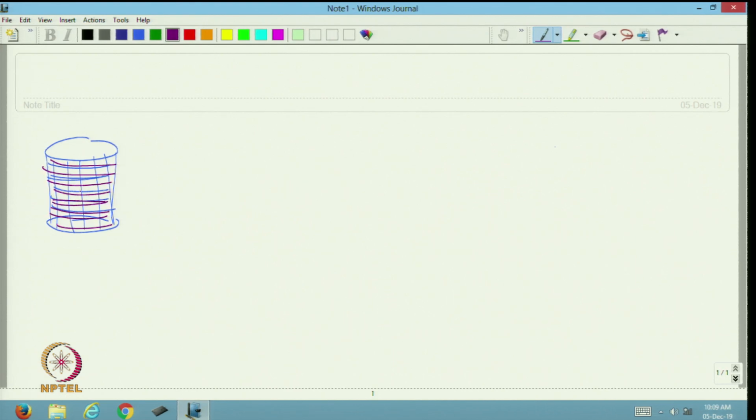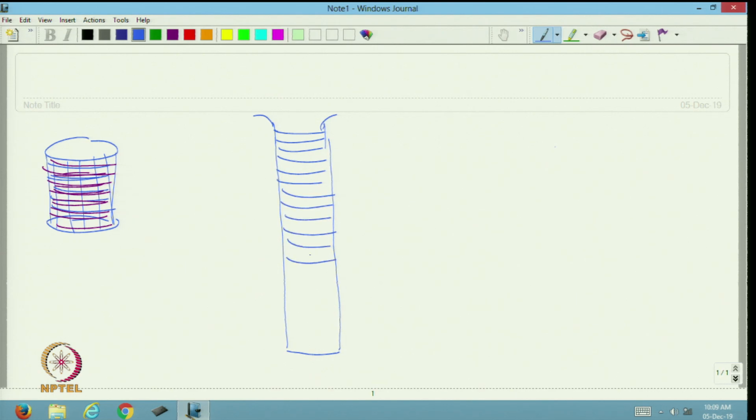But in the case of the bag filter, we have a larger size of frame, a very large frame. This is the metallic mesh, used just for support.